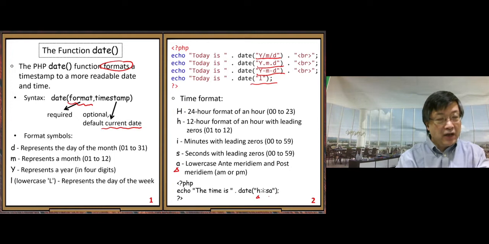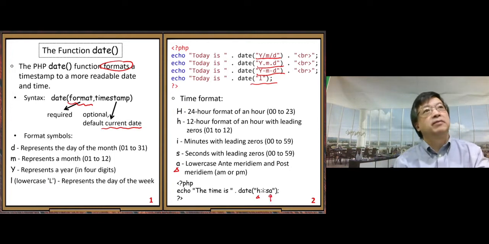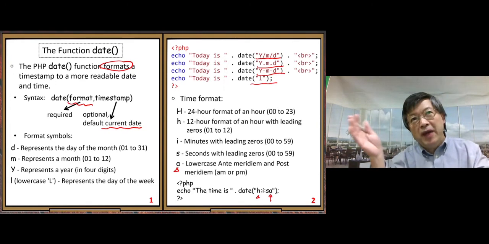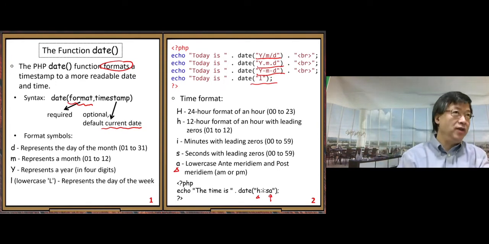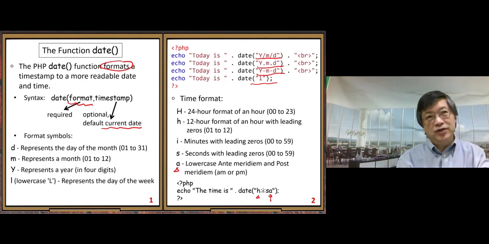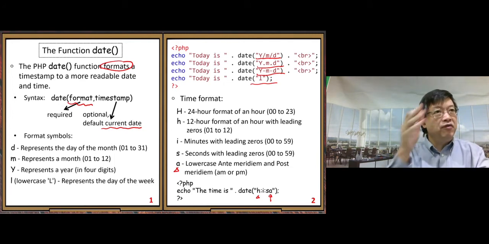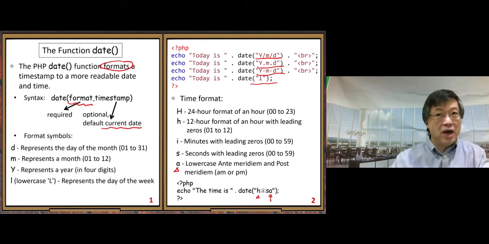Then s, second, after that, a for AM, PM. See, AM, PM, that information for little h. So very straightforward. All right, so here you can see how we use all these different symbols to represent date formats and also time formats.